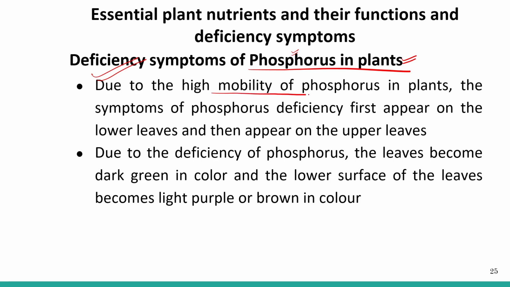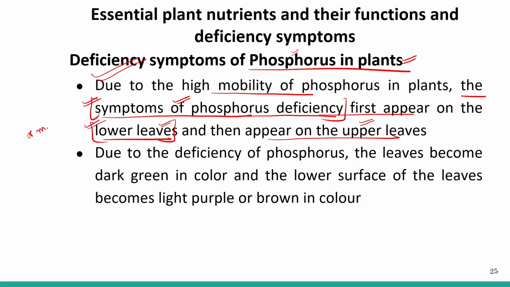Due to the high mobility of phosphorus in plants, the symptoms of phosphorus deficiency first appear on the lower leaves, that is mature leaves, and then appear on the upper leaves or new leaves.